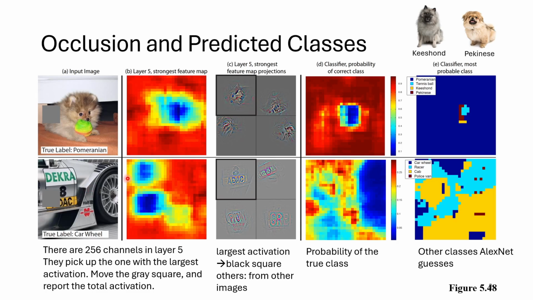So it means this region, the wheel of the car, is the important or key information for AlexNet to see whether it is a wheel. Again, if they remove certain regions of information, AlexNet will think, oh, this is a racer, a cab, or a police van. All of them are certain vehicles.